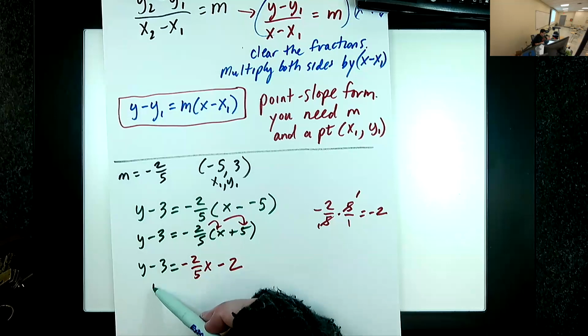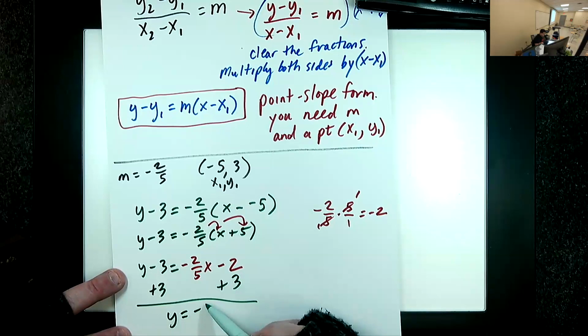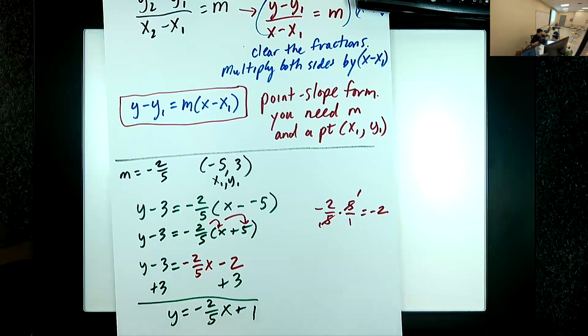We finish it off by adding 3 to both sides. And we get our y equals -2/5 x plus 1 that we had last time.